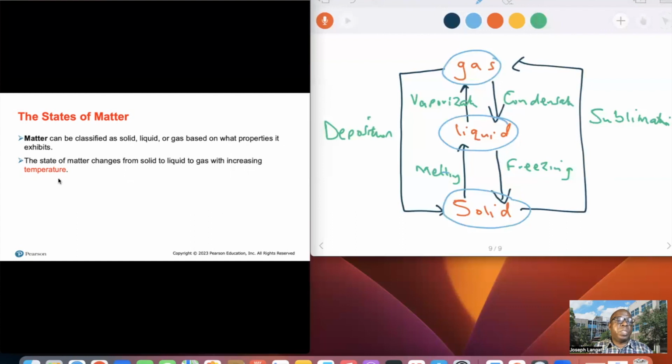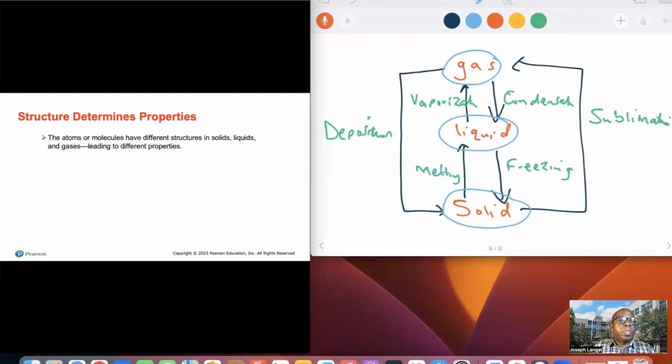You should be able to reproduce a diagram similar to what you see on my whiteboard. It will help you master and commit to memory the six terms associated with change of state: 1, 2, 3, 4, 5, 6. These are the six changes of state.